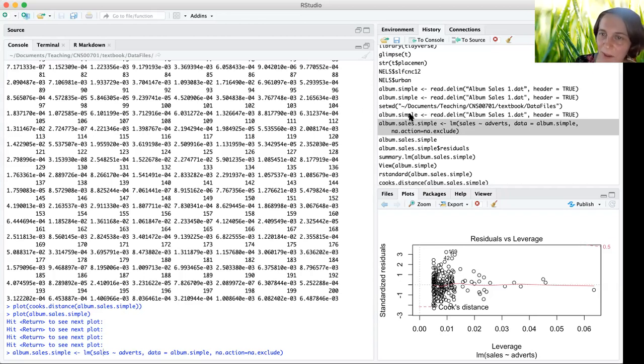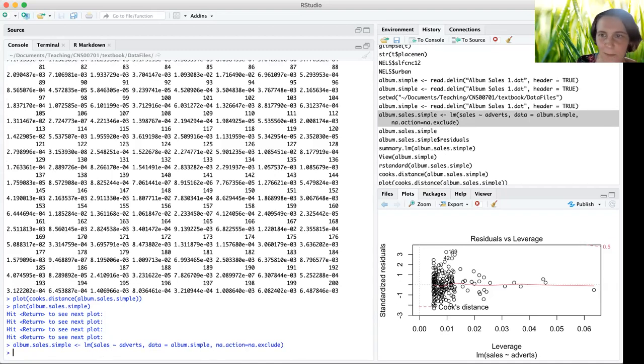So that is my variable here, right? It's just the data frame album.simple. This is a dat file. I tell it, okay, that is my data frame, that's where you can find the data. I wouldn't even have to include that here because there are no NAs, so we have no missing data, right?